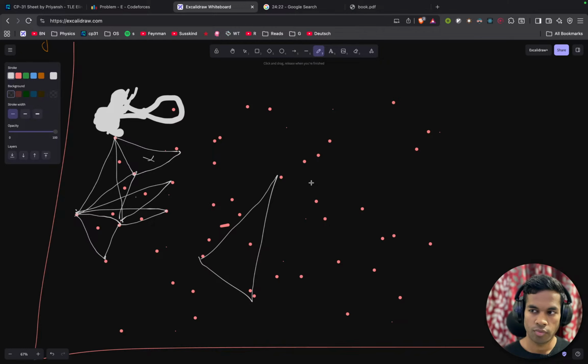We have to fix something and move something else. Either we fix a line and move the point, or we fix a point and move the other 2 points.